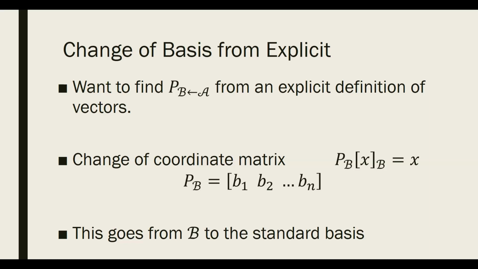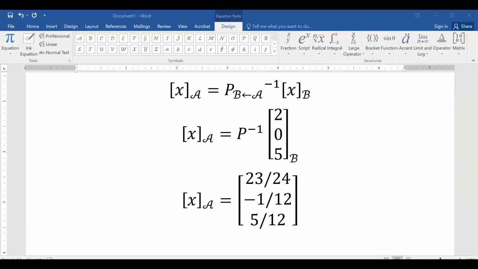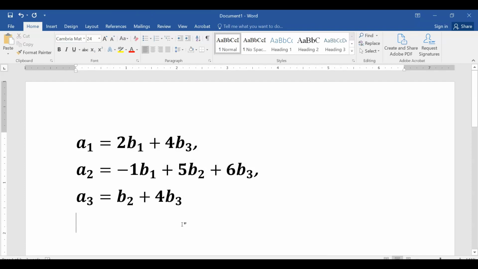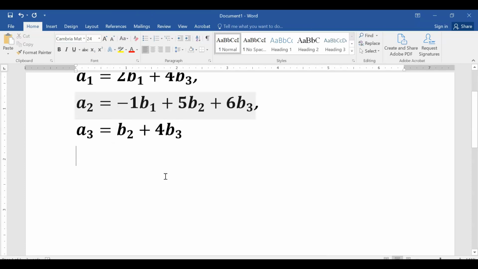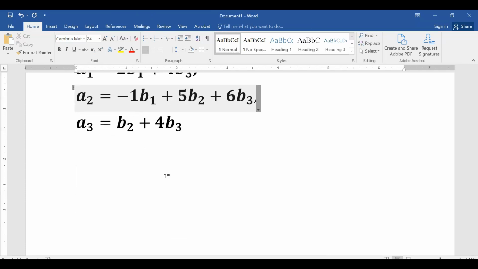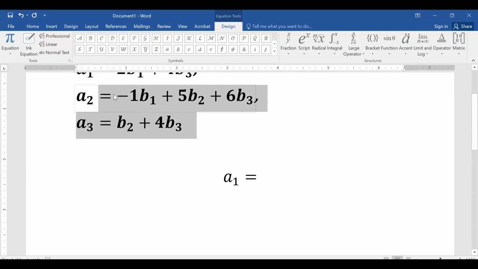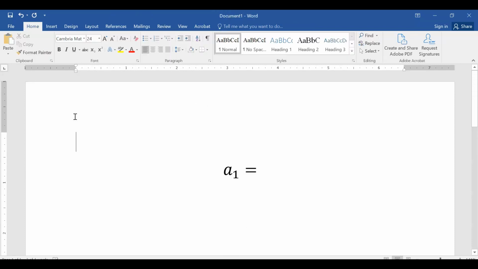So hopefully you understand what I mean by an explicit definition of the vectors. Instead of writing A as a combination of B, we're going to say, well, what if my element A1, let's actually go to a 2x2 example. Let's get out of the 3x3.